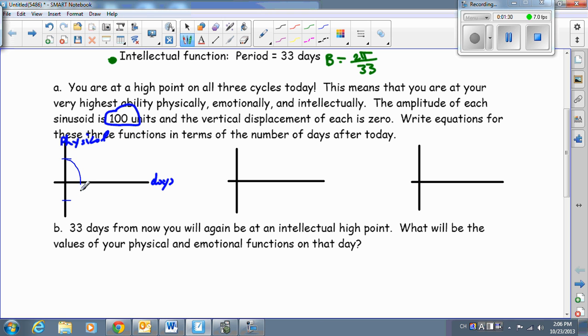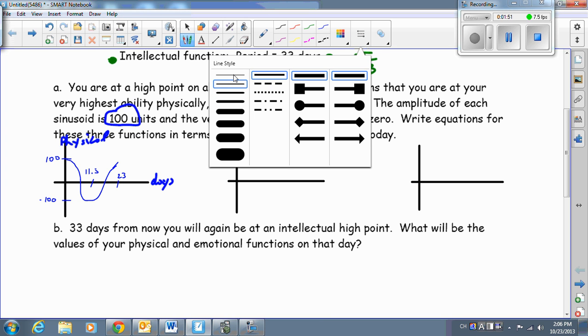The equation will look like this, where this point is my period, knowing that this is 100 and this is negative 100. My period on the blue one is 23. So if this is 23, halfway in between will be 11.5. Let's do the same thing for the next graph.